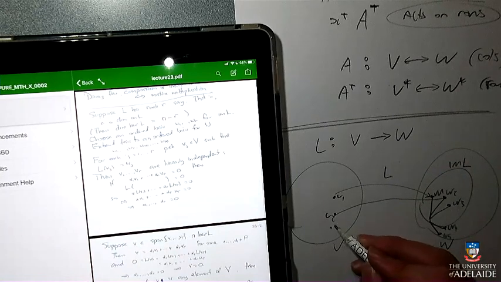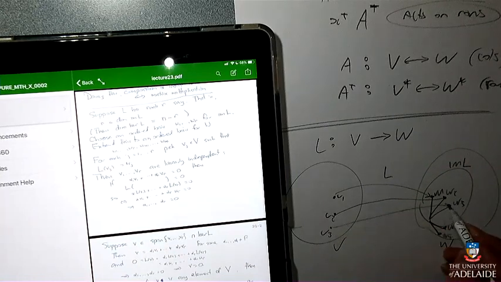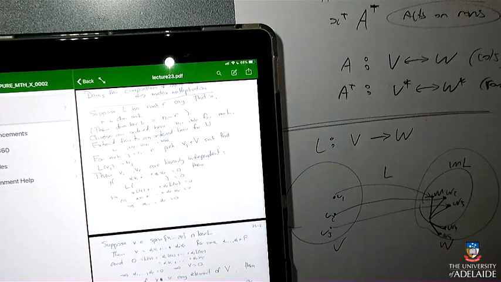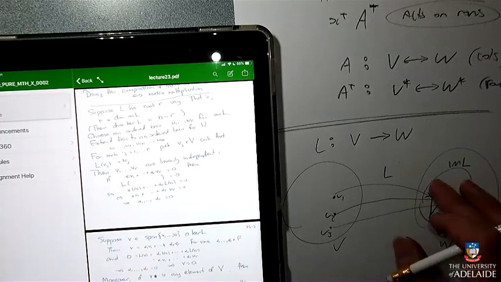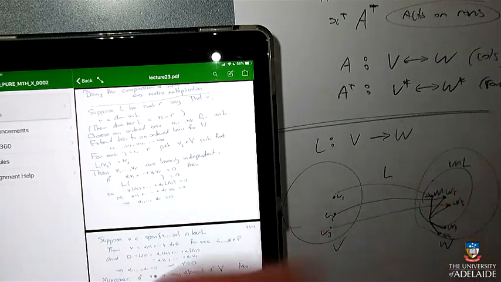And V3 ends up at W3, etc. And you know that none of these V's are going to end up at the outside ones because all of these end up in here. Okay. V1 up to VR are linearly independent because these ones are, and the linear transformation transfers its linear combinations through back to the original. Okay, cool.